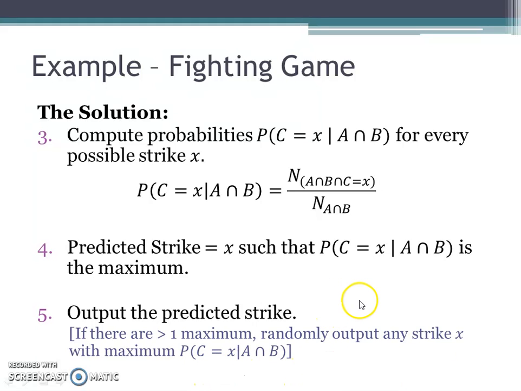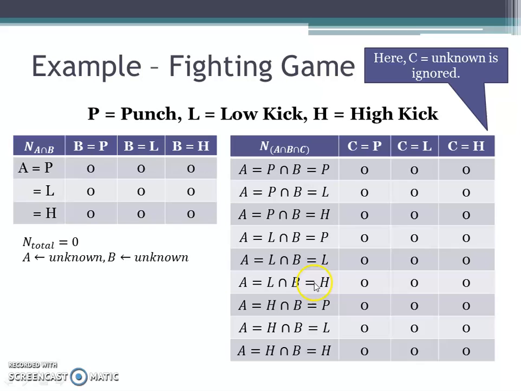Okay, so this is the general solution for action prediction in fighting games. Let's see a concrete example that will illustrate this in detail. Here we have an example where I labeled P as punch, L as low kick, and H as high kick. Here are 2 tables.